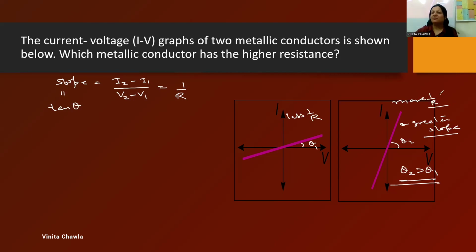It has greater value of 1/R, therefore the value of R is less here, greater R here. So which graph shows greater resistance, higher resistance? Which graph? This one. This shows the higher resistance.